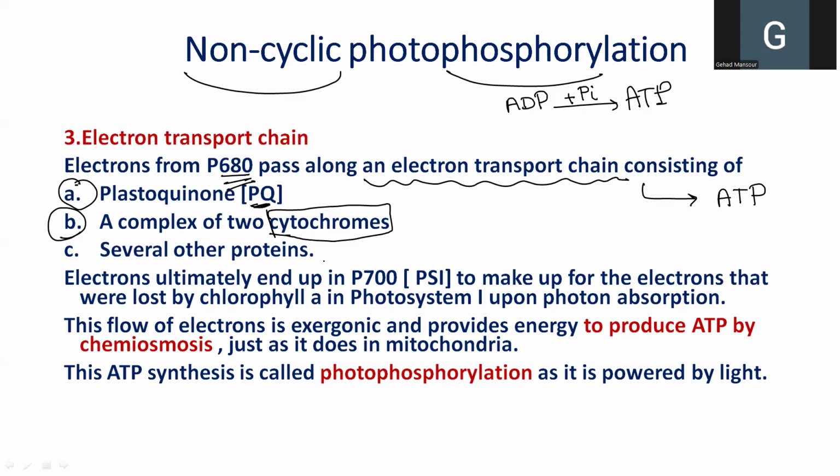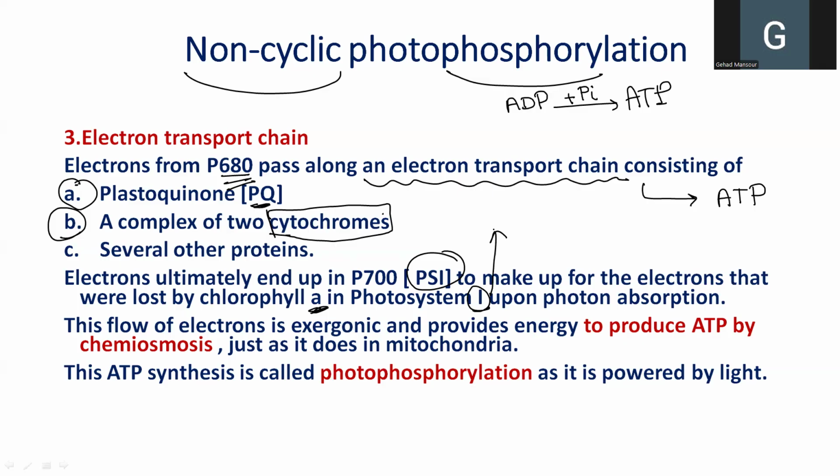And the electrons that have passed from plastoquinone to the cytochromes to the other proteins ultimately end up in photosystem 1 to make up for the electrons that were lost by chlorophyll A in the center of photosystem 1. And this is, as I've just said in the previous slide, a major difference between photosystem 1 and photosystem 2.